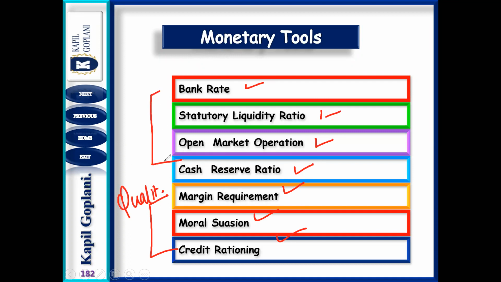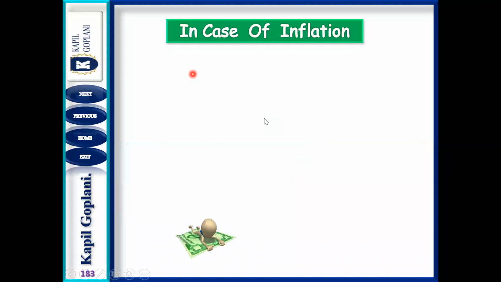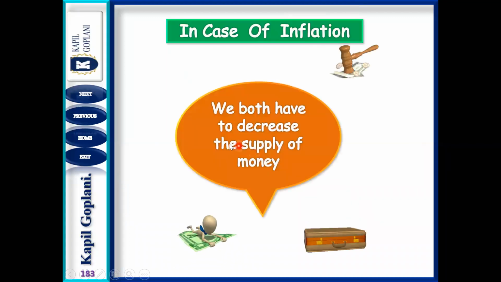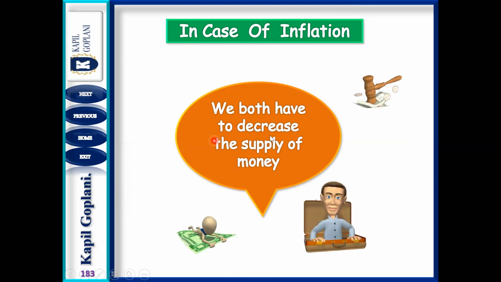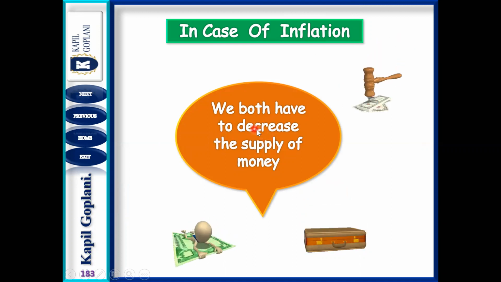And the first four are your quantitative tools, which are responsible to cover the deflation and inflation situation. Now let us understand this one by one. First, in the case of inflation, we have to decrease the supply of money.